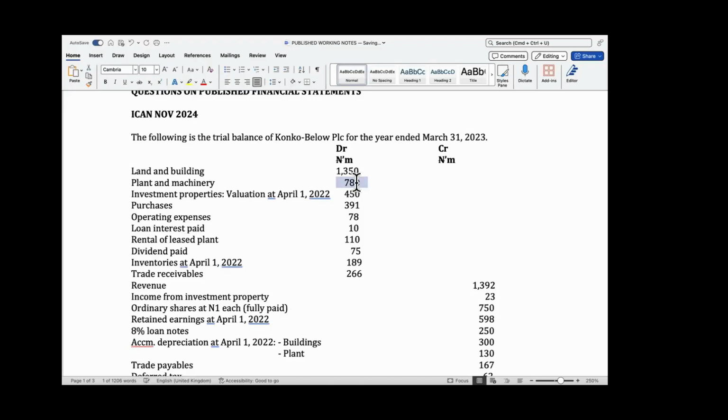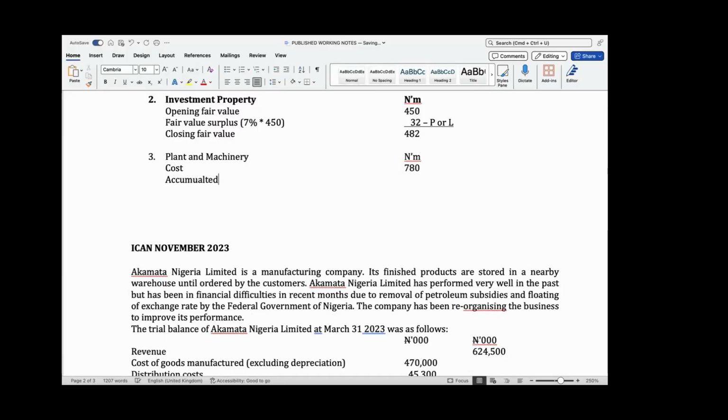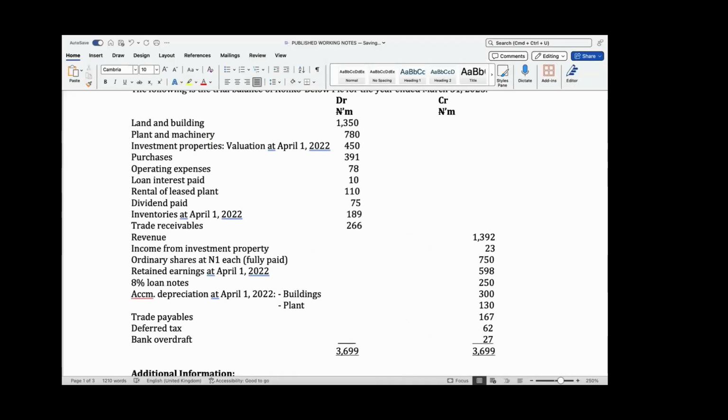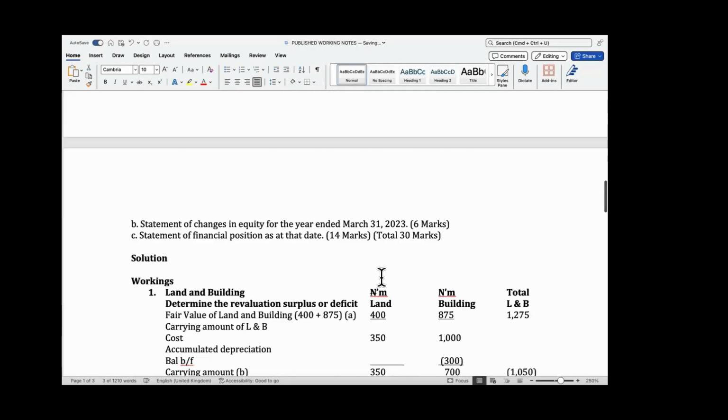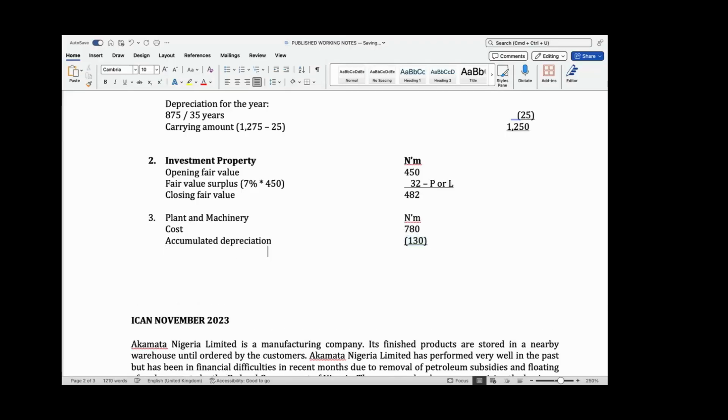So this cost 780 less accumulated depreciation of the plants, 130. The difference gives us 650.